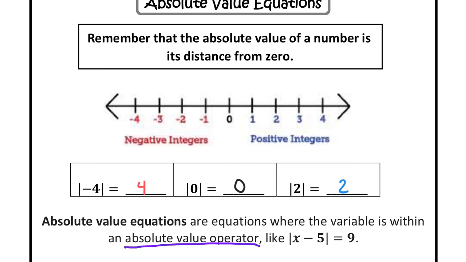So I'm highlighting them in purple. The absolute value operator are these purple bars, and when you have an equation with this operator in it, it's called an absolute value equation.